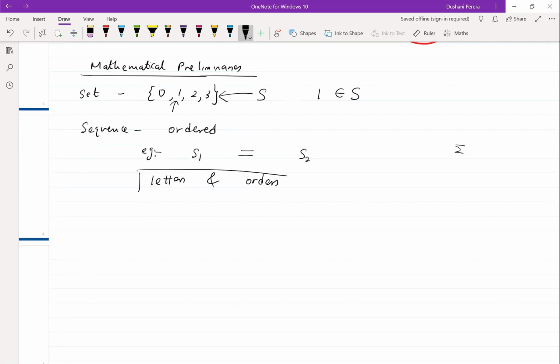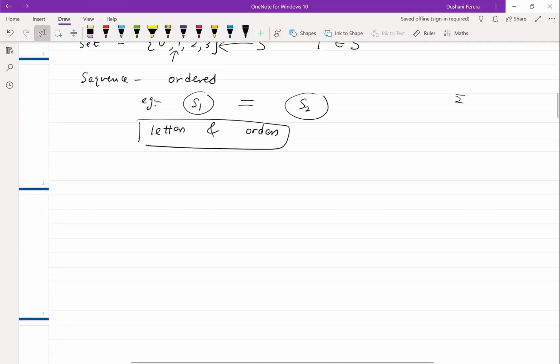For example, S1 is AAA, S2 is AAA. Now the letters of these two strings are the same, plus the order is also the same, so we say S1 is equal to S2.